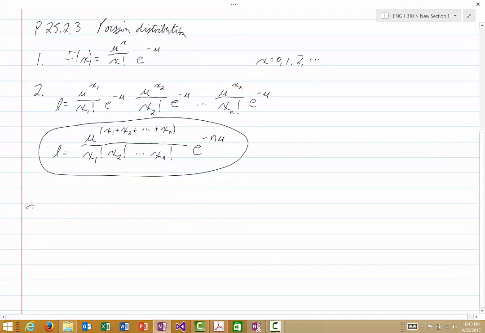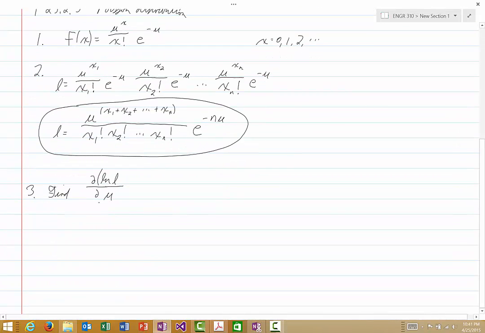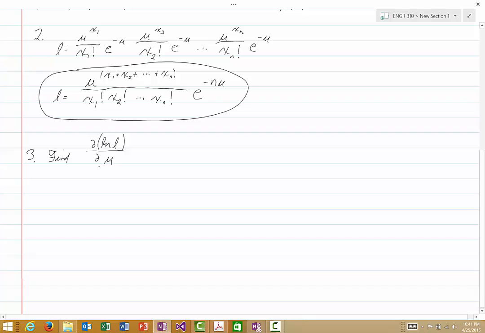So in problem 3, we want to find then partial log L, partial mu. Well, let's go ahead and calculate that.